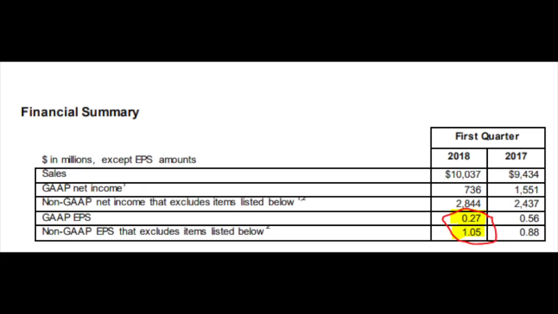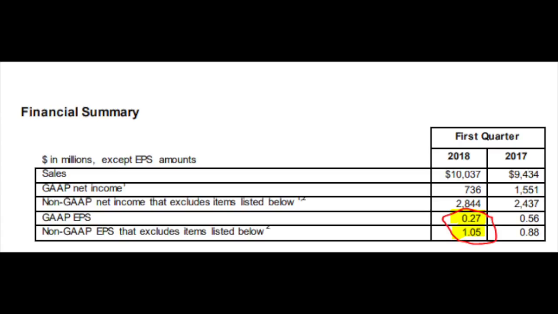This is Merck's first quarter reported earnings for 2018, and I have been using Merck as an example of adjusted and real earnings for the past 3 years because they always have non-recurring issues to adjust and hugely distort their earnings. So the earnings per share that they reported was $1.05, the lower number here.